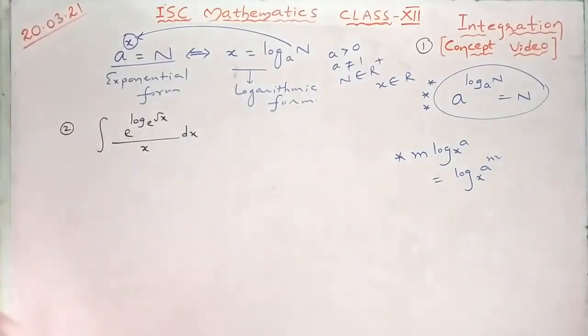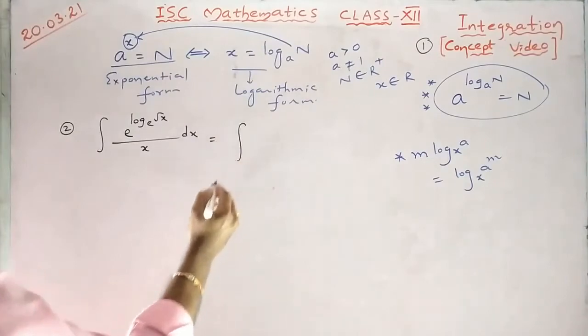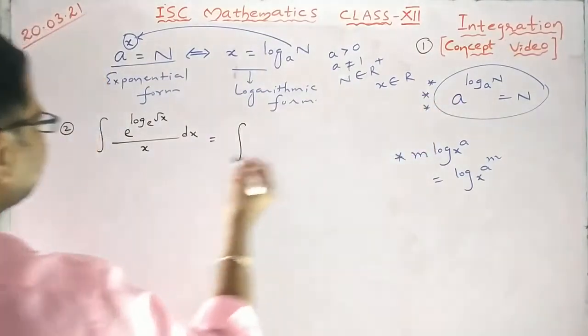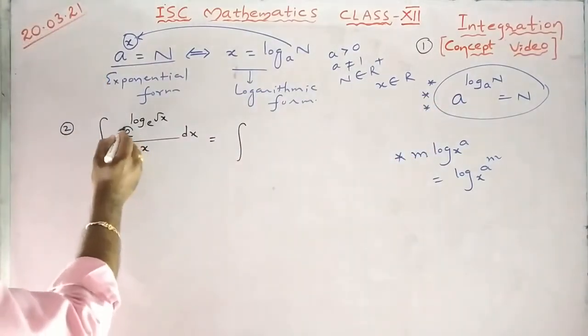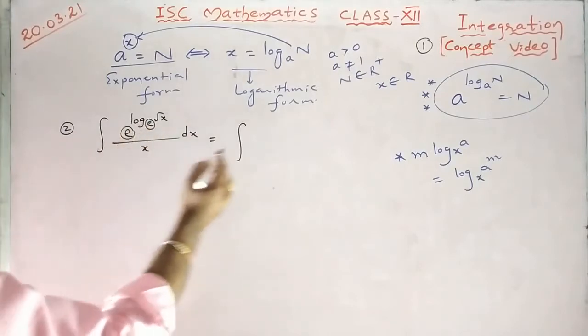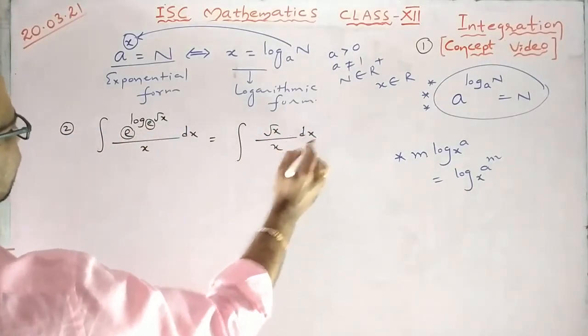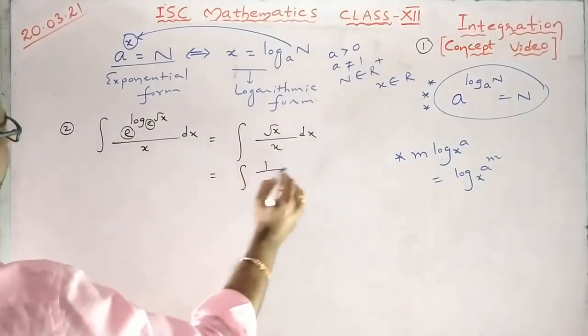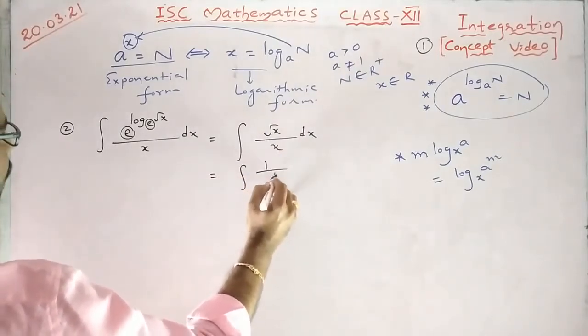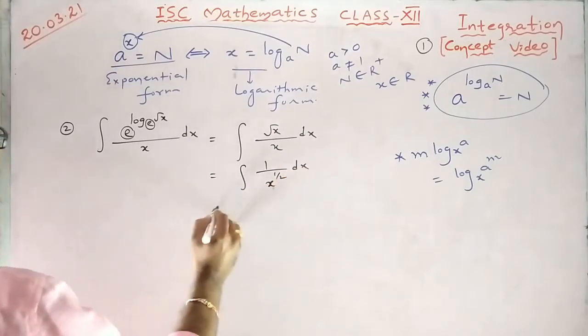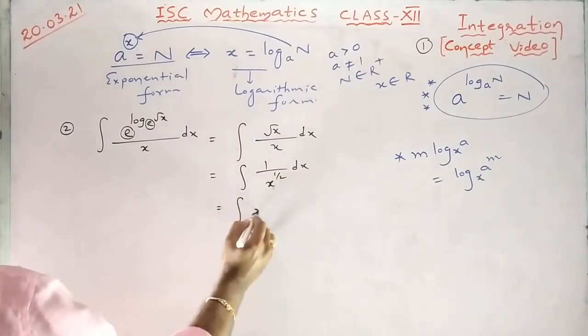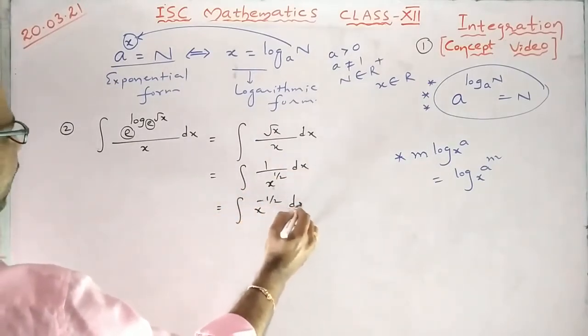So this we can write directly. It is in the form of this, observe, e same. So you can write directly root x by x, that can be written as 1 by root x, that means x to the power 1 by 2. We can bring it into the numerator: x to the power minus 1 by 2 dx.